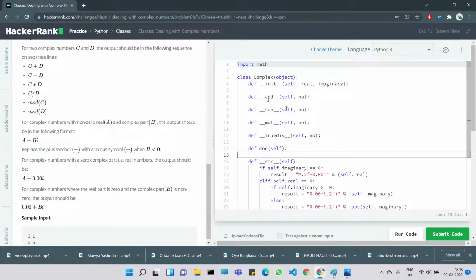Methods means the functions associated with the class. So here addition, subtraction, multiplication, these are all methods of this class Complex. If you don't know about classes, then go and search on YouTube for object oriented concepts of Python.